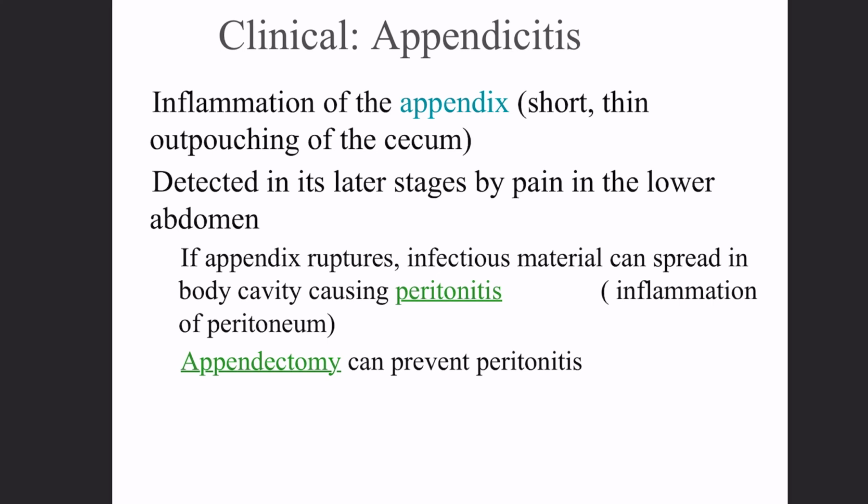If your appendix ruptures, that can release bacteria because it does contain bacteria in it. And so that can effectively cause sepsis. It can be really dangerous. Or it can cause peritonitis, which is the inflammation of the peritoneum, which is the connective tissue layer surrounding our GI tract.